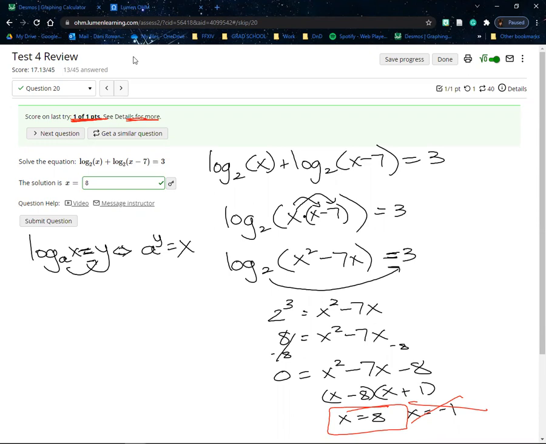This has been the review. It's logarithms, so I thoroughly enjoyed it. Does anyone have any questions for me?